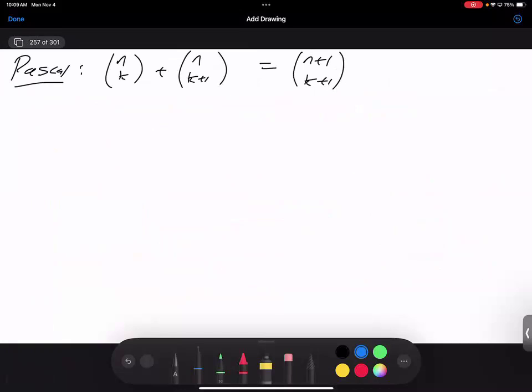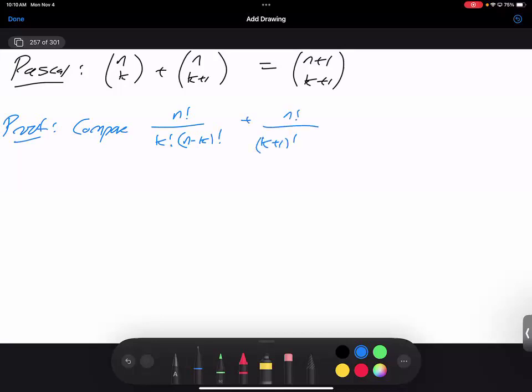So we want to compare n factorial over k factorial times n minus k factorial, plus n factorial over k plus 1 factorial times n minus k minus 1 factorial, versus n plus 1 factorial over k plus 1 factorial times n plus 1 minus (k plus 1) factorial.